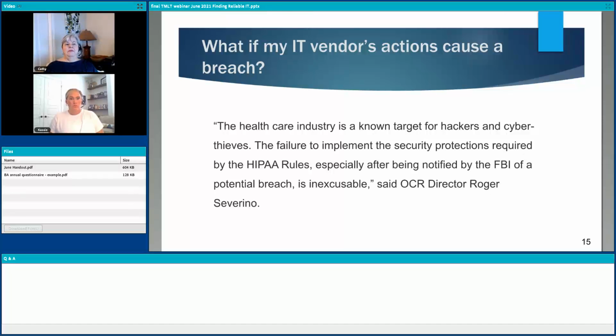How many failed login attempts have there been at the network level and potentially even at software levels? So these are all things that you need to be aware of, because as Cassie pointed out, there is liability for a breach from both the covered entity standpoint and the vendor standpoint.